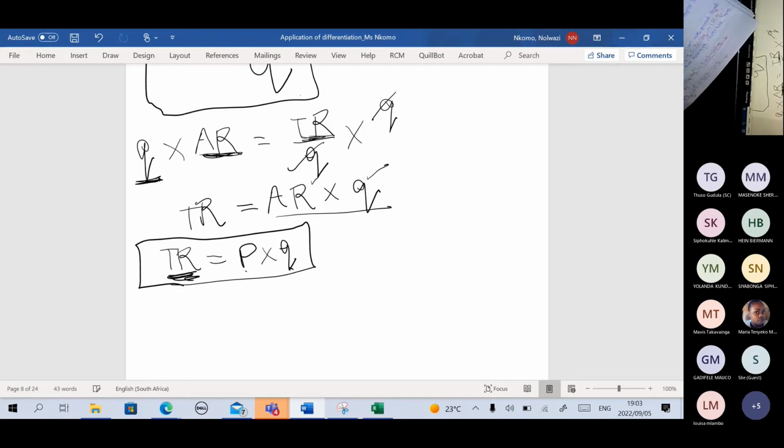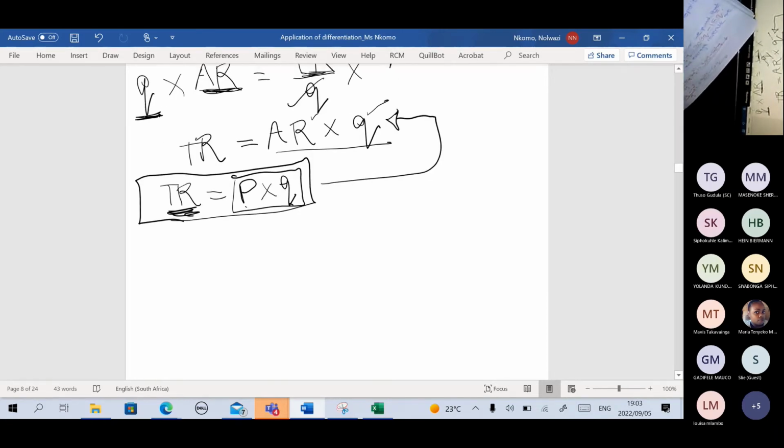So what we can do is, in this equation where we see a total revenue, we can substitute that with this PQ, right? And if we do that, we'll have something like this.